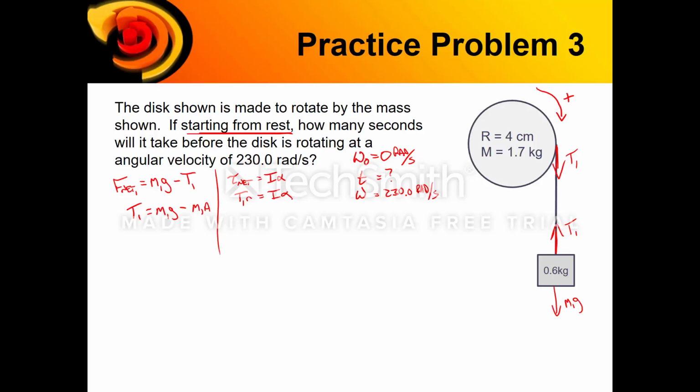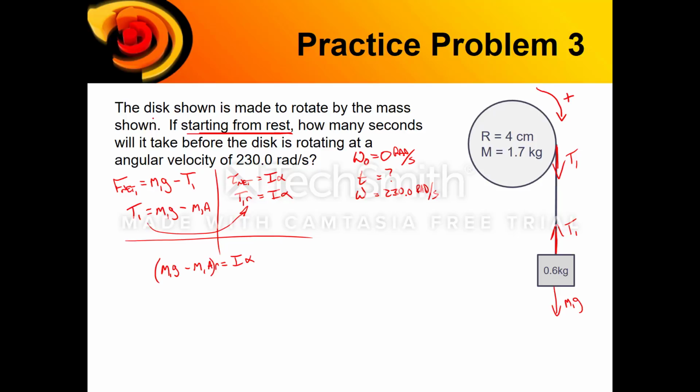Now at this point we'll do the same thing and start merging these two together. We'll plug the T1 into that equation, so we get m1g minus m1a, times r, is equal to I alpha.